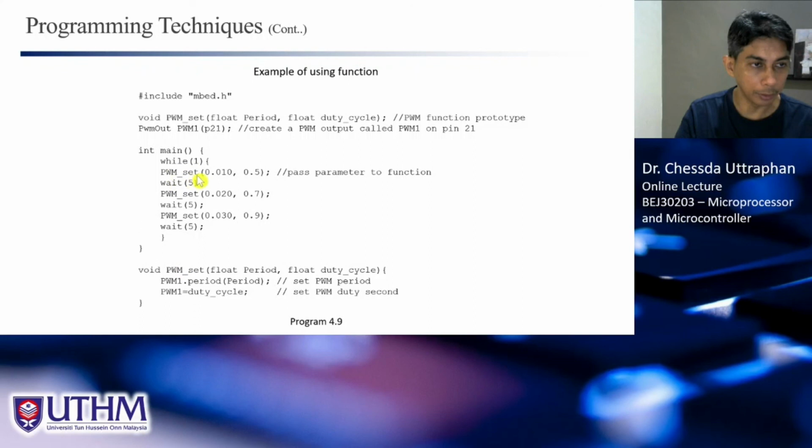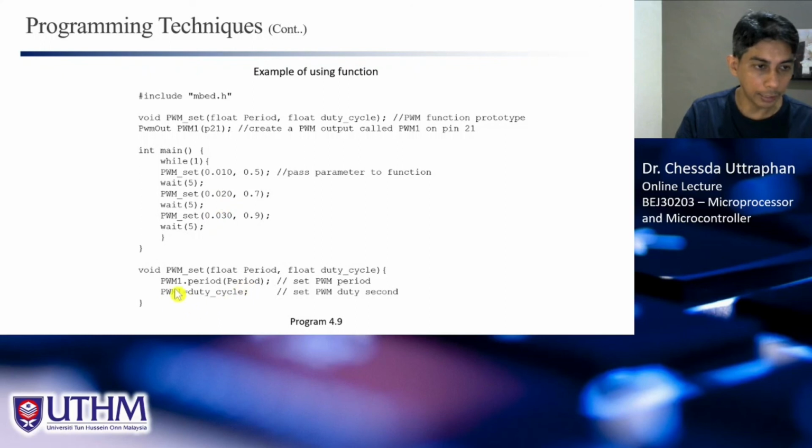Now we call the function PWM set, and we write this value, this value, these are called the parameters, and we can pass these parameters to the function, and in the function we call this period, and this is how we set the period of the PWM, right? So PWM dot period can be any value. If we call this function, the value of this period is 0.010. If we call this, the value of period is 0.020.